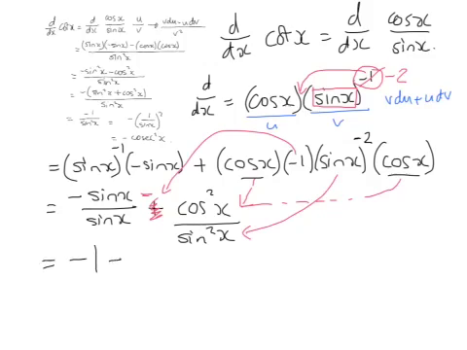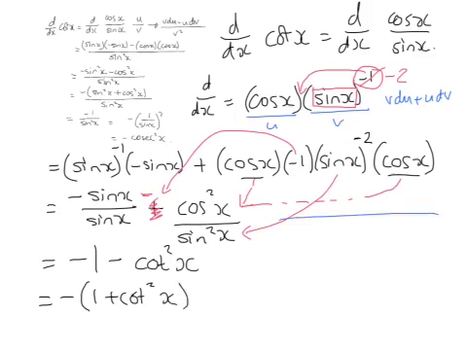Now, cos x over sine x is cot x. So this is cot squared x, which is minus brackets 1 plus cot squared x, and using our trig formulae, I think we know something about that. Sine squared x plus cos squared x equals 1.